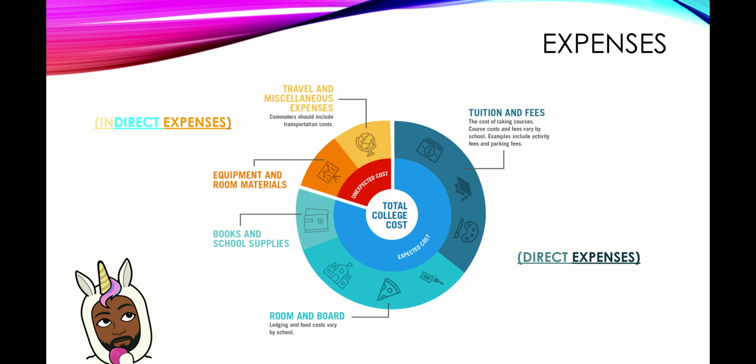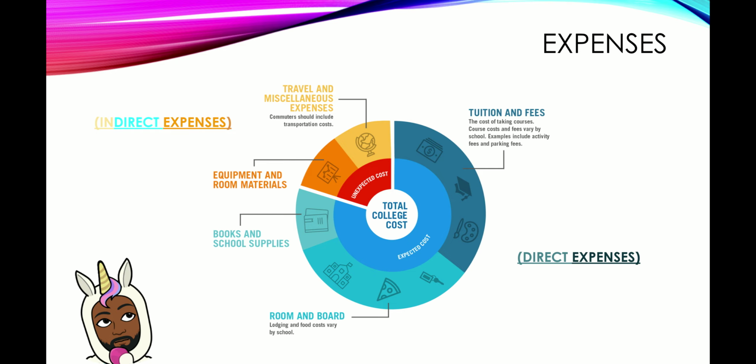So first things first, I found this graphic that I thought might be helpful as we talk about expenses. First, there are some expenses that we expect as relates to college and some that maybe we don't. Things like room and board and tuition are things that we tend to expect, as well as books and school supplies.